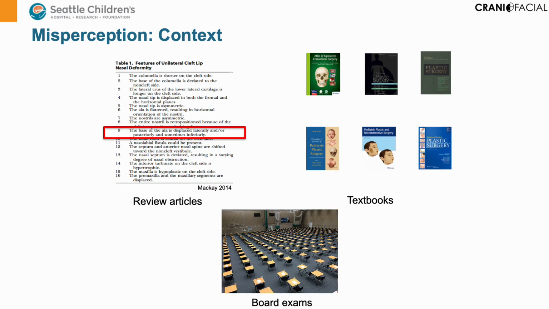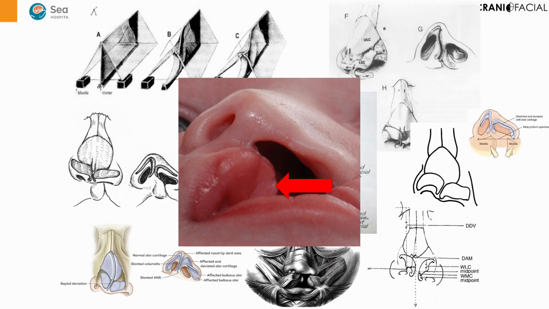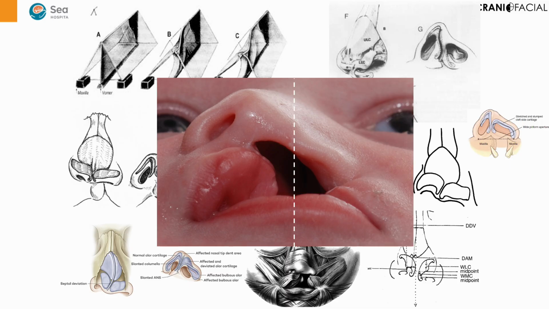And so when it comes to the cleft lip nasal deformity, we have context where review articles, textbooks, board exams, and all of these diagrams show us one thing. We might believe that the cleft alar base needs to move medially. But if we take a step back and place a reference, we can see that reality is quite different.